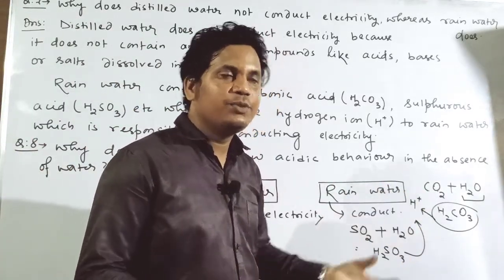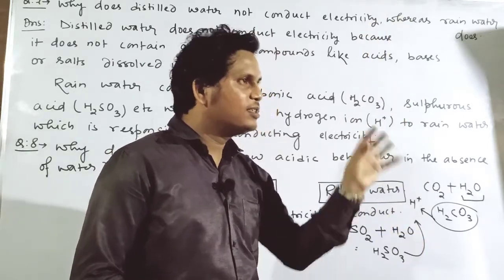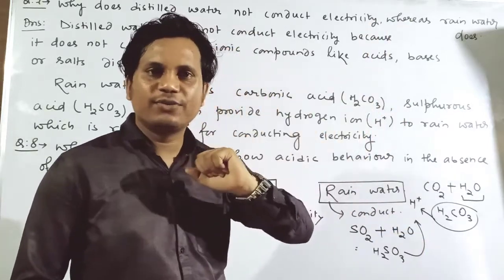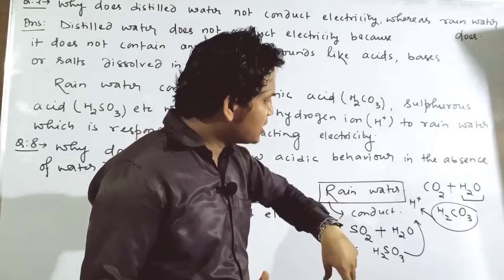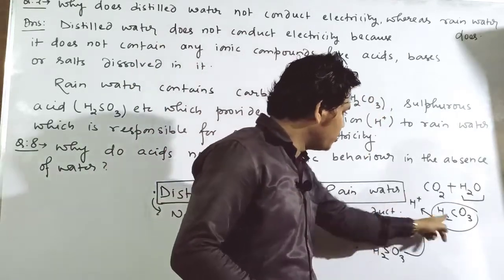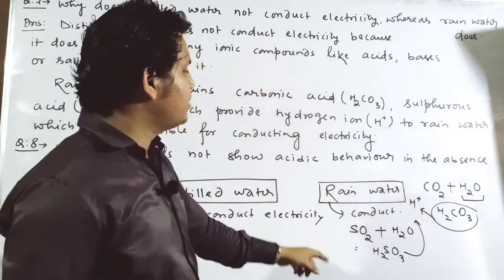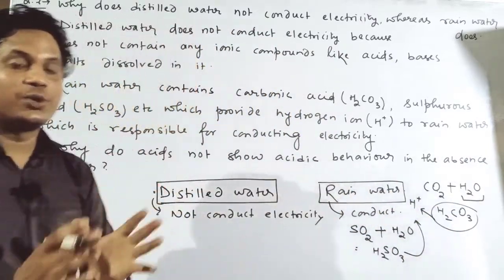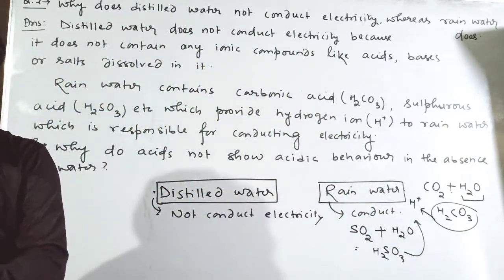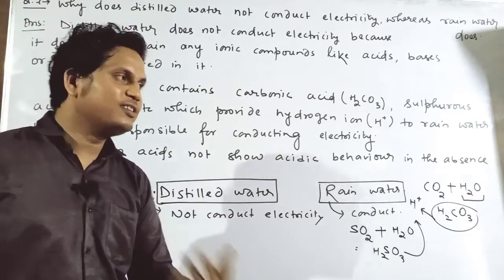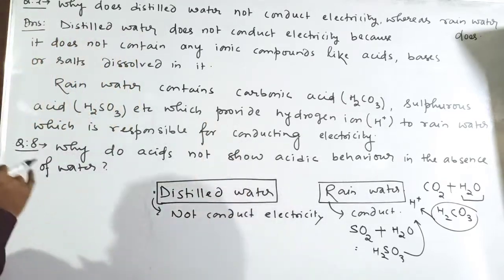How does the acid come? When rainwater is falling, some gases are in the atmosphere, and rainwater mixes with that gas to produce acid. These acids provide H positive ions to rainwater. So rainwater contains ions, and if ions are present, it will conduct electricity.